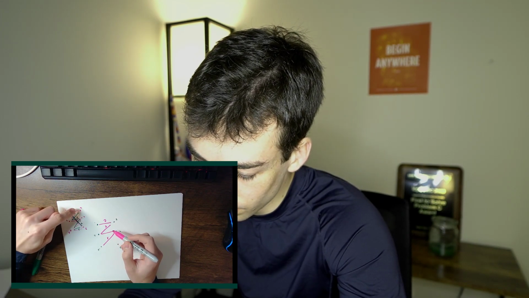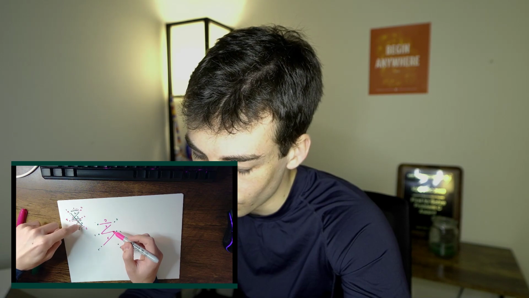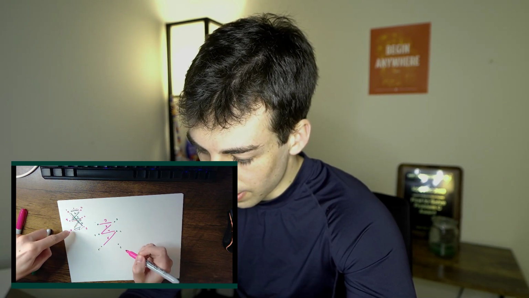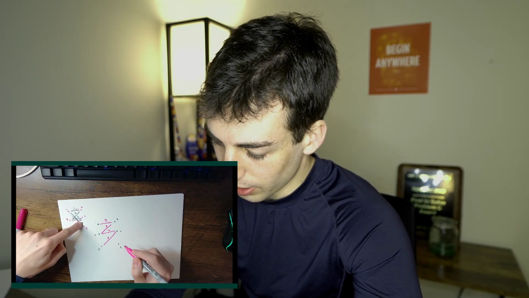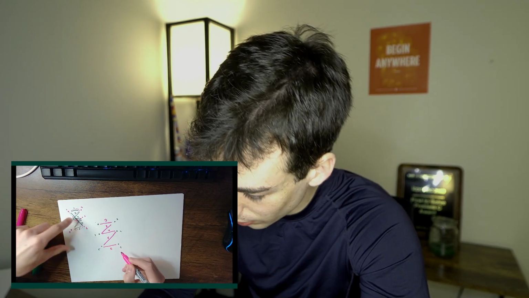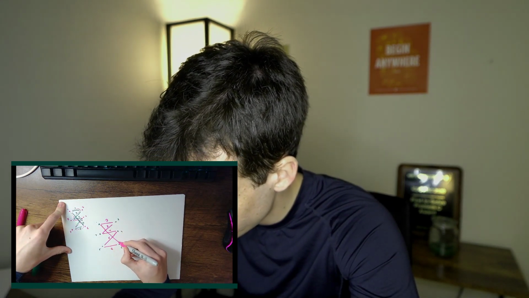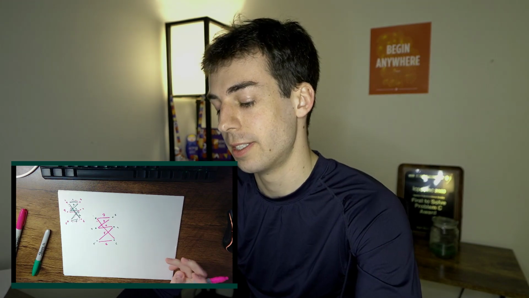Wait, 2 and 3. 2 and 3 are connected by 3. 4 and 3 are connected by 4. Yeah. 5 and 6 are connected by 6. And then 6 and 1 are connected by 1. So we wind up with the same graph. But you get the idea.